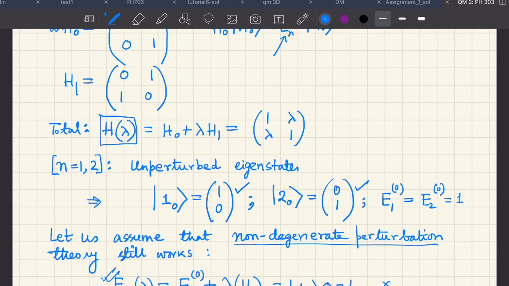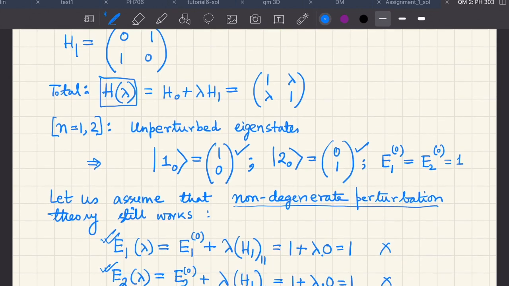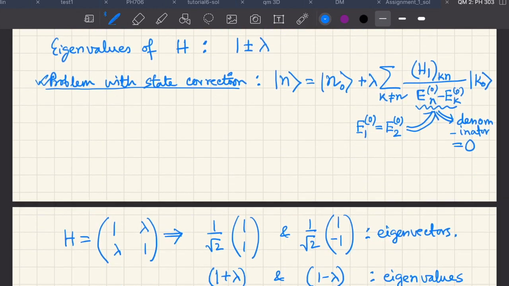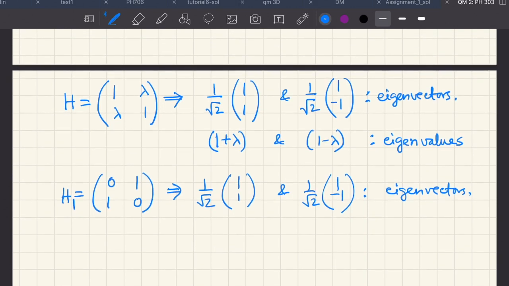Therefore, you can note this strange thing that for the original Hamiltonian, we have (1, 0) and (0, 1) as the eigenvectors, and in fact lambda can be extremely small, say 10 to the power minus 50 or 10 to the power minus 100 or 10 to the power minus 200, and already the eigenvectors basically change and become 1 by root 2 (1, 1) and 1 by root 2 (1, -1).